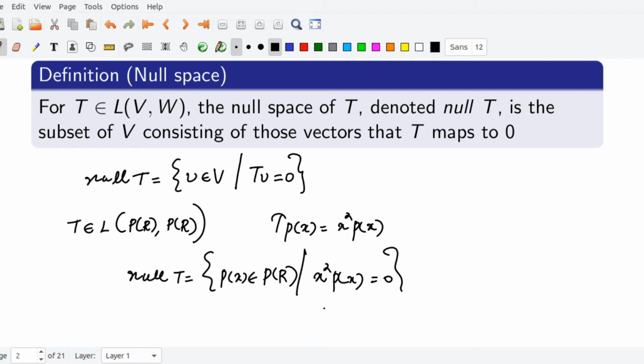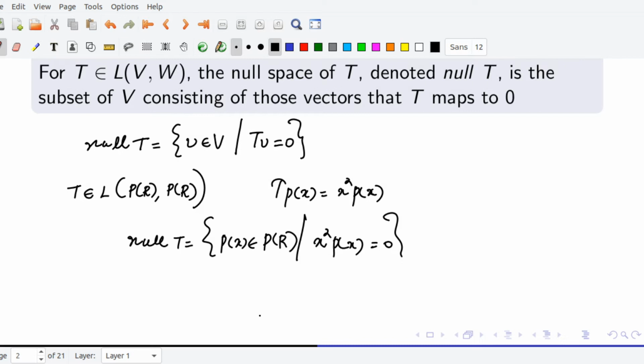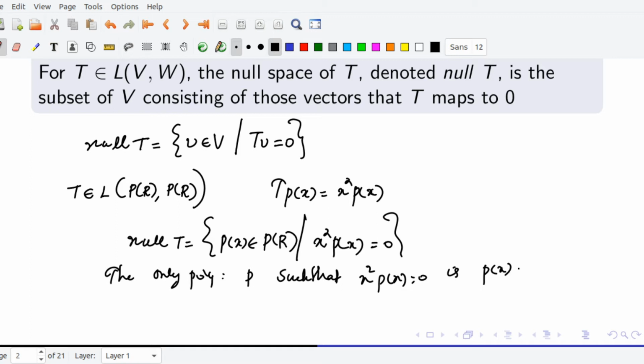The only polynomial p such that x squared times p(x) equals 0 is the 0 polynomial. So the null space of T contains only the 0 polynomial. Hence we can write null space of T equal to the set {0}.